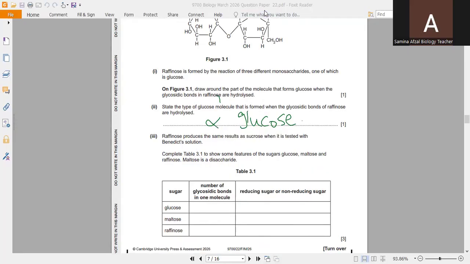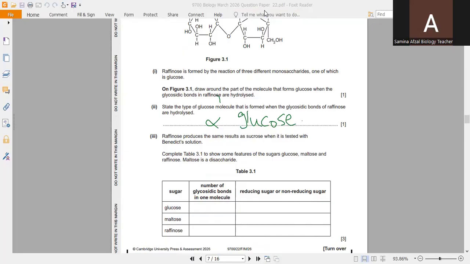And the next question is: raffinose produces the same results as sucrose when it is tested with Benedict's solution. Complete table 3.1 to show some features of the sugars glucose, maltose, and raffinose. Maltose is a disaccharide.